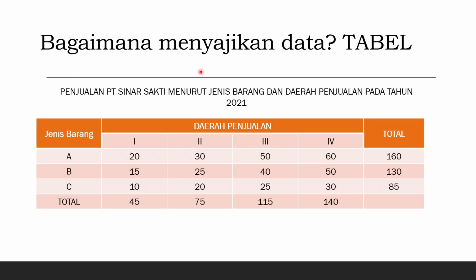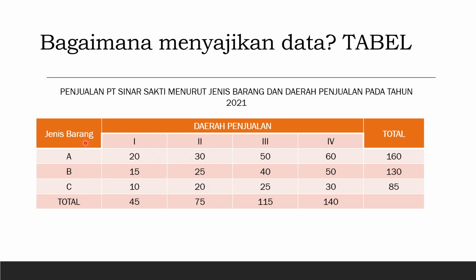Here I show you the first method of displaying the data by using a table. You can see here that I have the title of the table, and then in the table you can give attention to the title of the columns, and you will have columns, and also you can have a row.